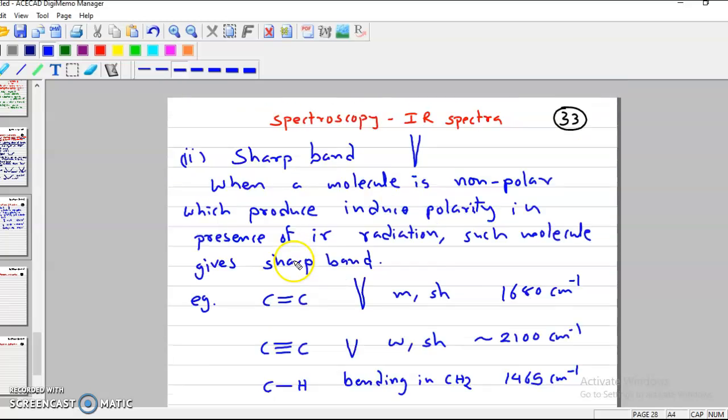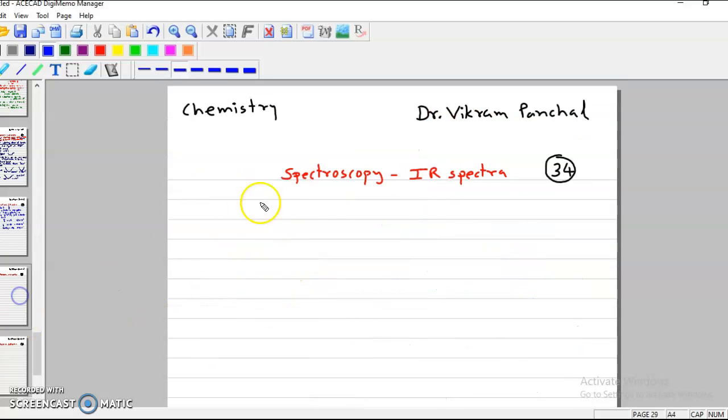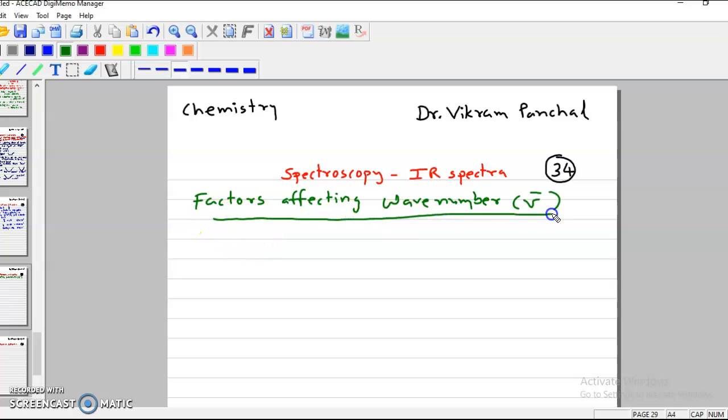Now we will see factors affecting or influencing wave number or frequency. That means the position of band in IR spectra is related to certain factors.